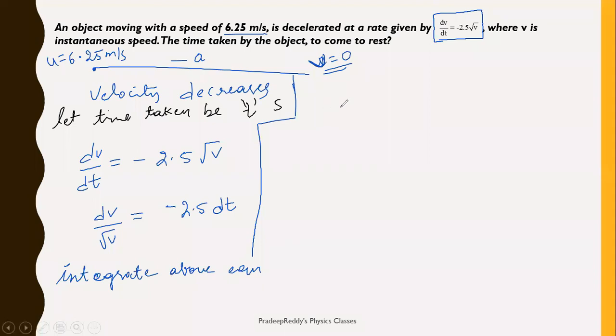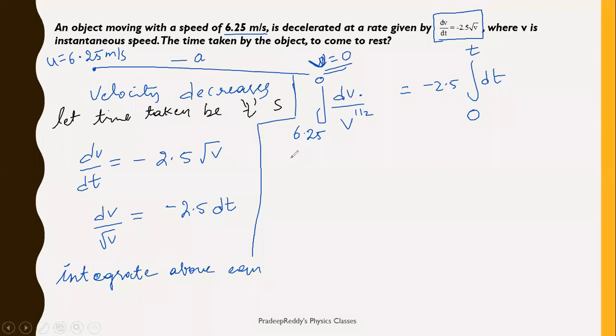Integration of dv into 1 divided by v power 1 by 2 is equal to minus 2.5 into integration of dt. Right? Now, what is the initial time? Let it be the starting time 0. What is the final time? You do not know. You are supposed to find out that final time. What is the initial velocity? 6.25. What is the final velocity? 0. So you are applying those limits to this integration.